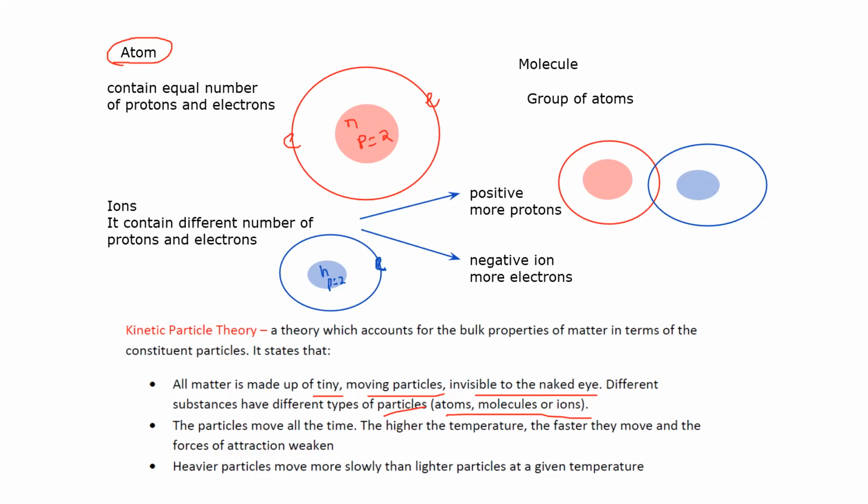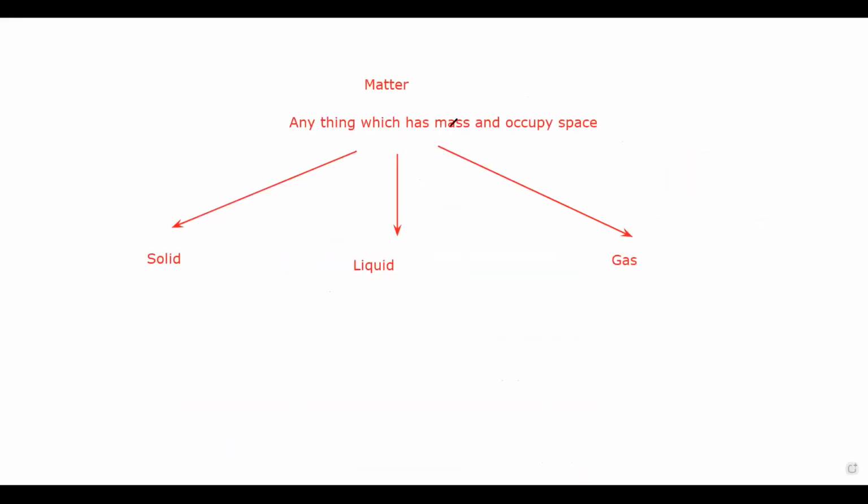Here, at 20 and 50 degrees, because the temperatures are different, the particles are moving at different speeds. But what will happen if you have two different materials with different masses of particles? Material A consists of heavy particles and material B consists of lighter particles.